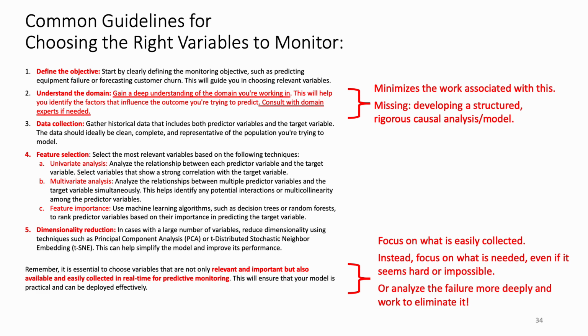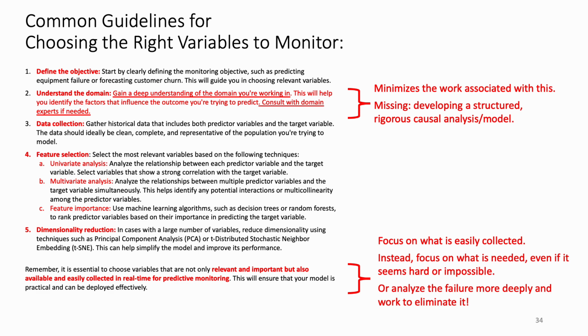So, a comment about monitoring. The common guidelines for choosing the right variables for monitoring would include things like defining the objective, understanding the domain, data collection, feature selection, dimensionality, and so on.